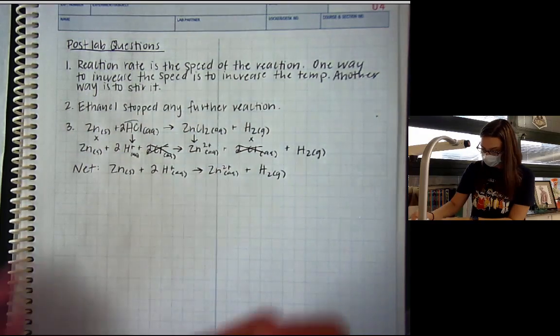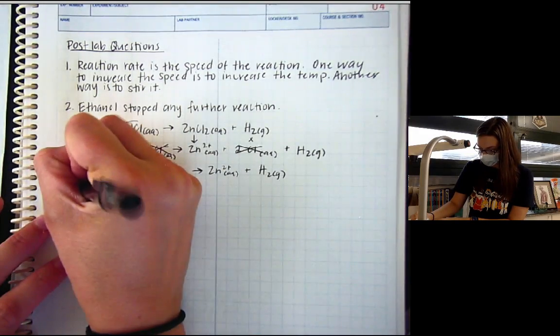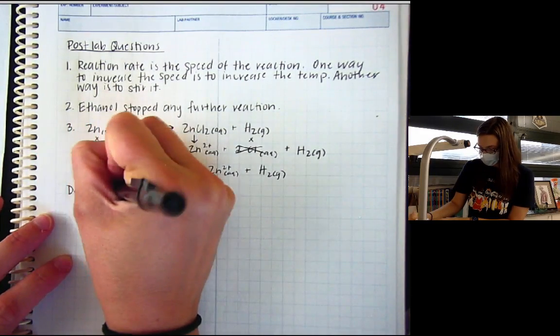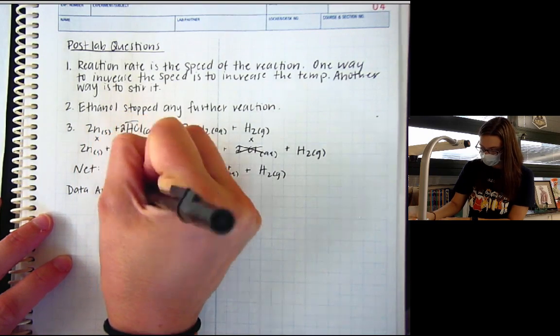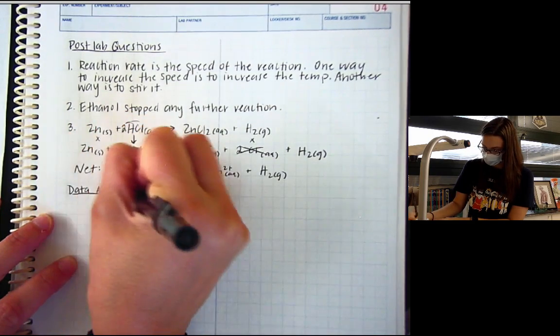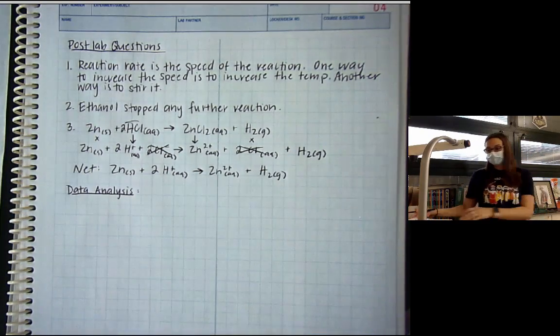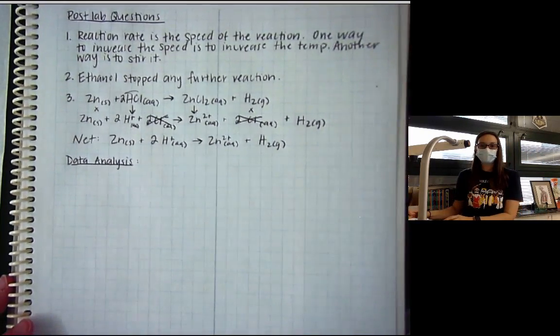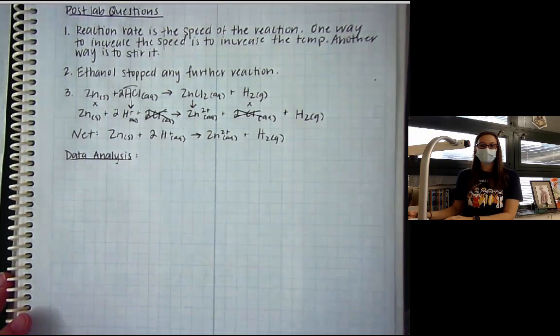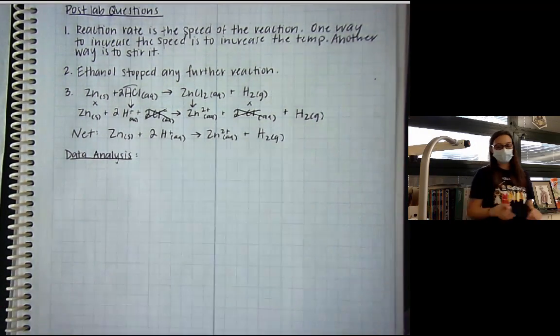So we are going to write this data analysis section together. So I'm going to label the next section data analysis. And then I'm going to start the data analysis.